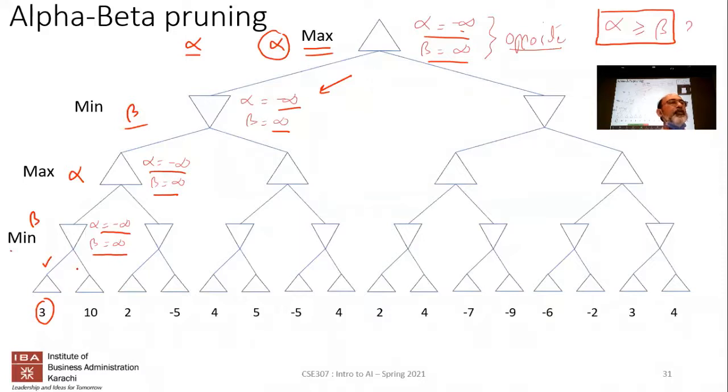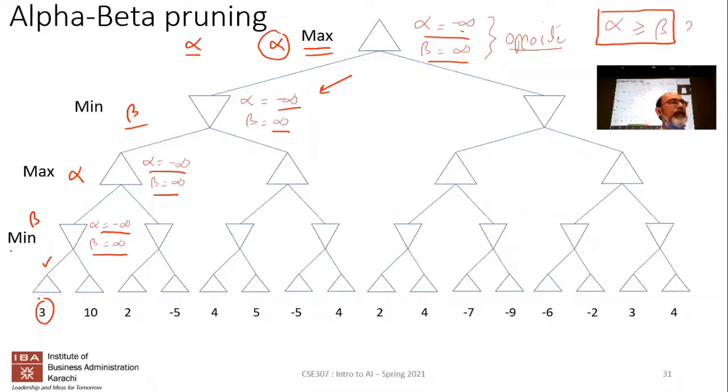Now, alpha is not greater than or equal to beta. We're going to use the simple logic as in the past: we look at 3 and compare it with beta. Beta is trying to go down, starting with plus infinity. Which value is it going to choose?